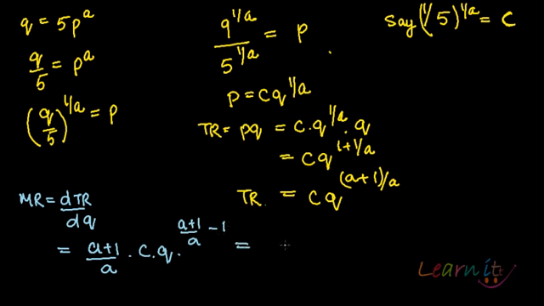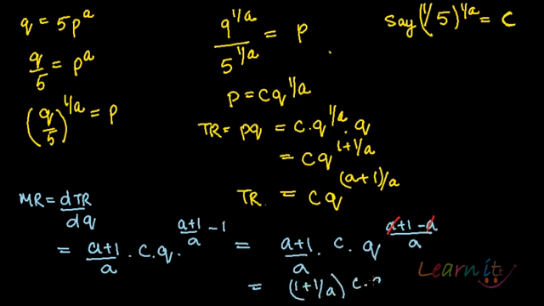Simplifying this further, you'll get a plus 1 by a into c into q to the power a plus 1 minus a by a. A will get cancelled out, and you will have 1 plus 1 by a into c into q to the power 1 by a. This is your marginal revenue function.